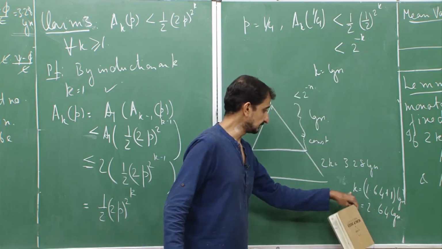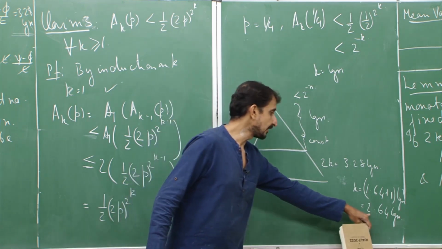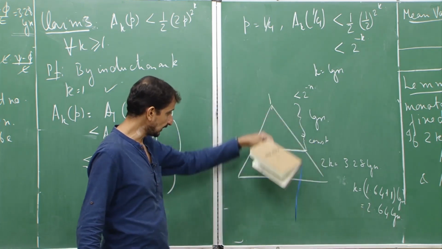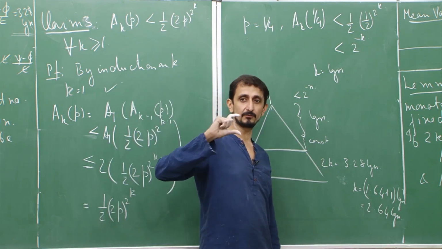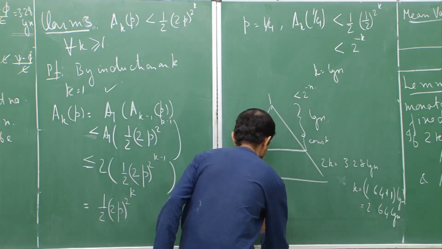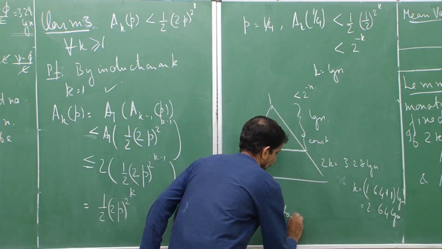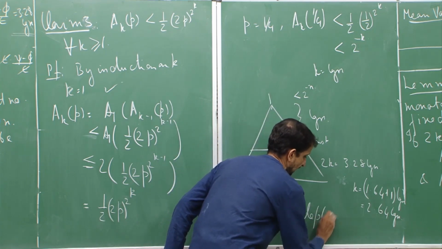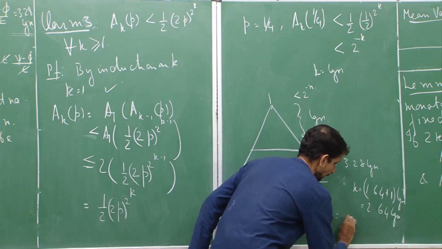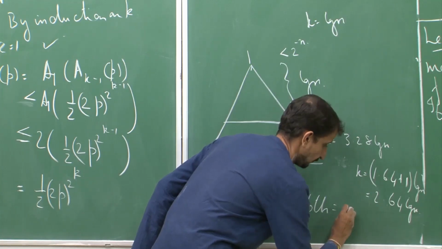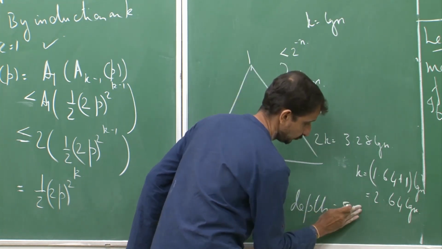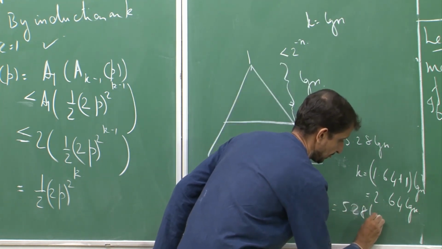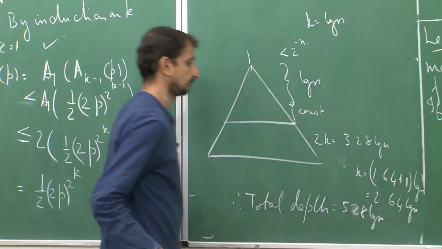So, this is the value of k, and 2.64 times log n means that the total depth is this times 2, because for every value of k I have 2. So, the total depth is whatever, 5.28 many layers.